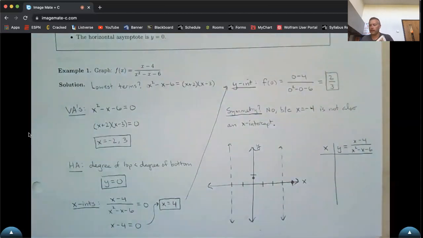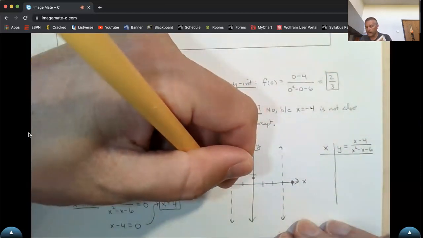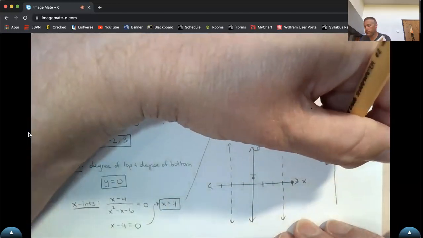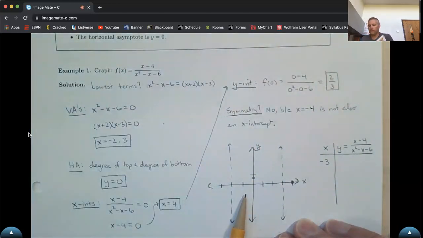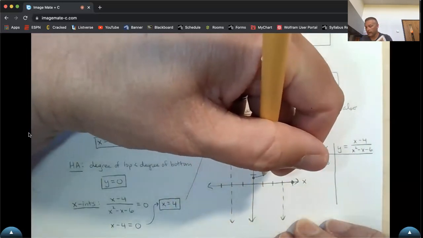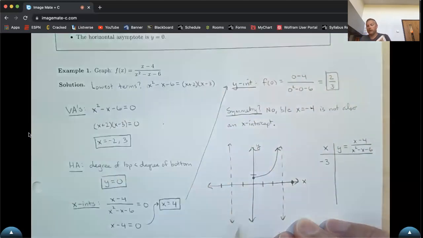I can just do this in a calculator. Let's find something on the left side of the asymptote, like negative 3. I kind of know this must be going like this, because if this tail were pointing down, then it would cross the x-axis, and we already know everywhere we cross the x-axis.